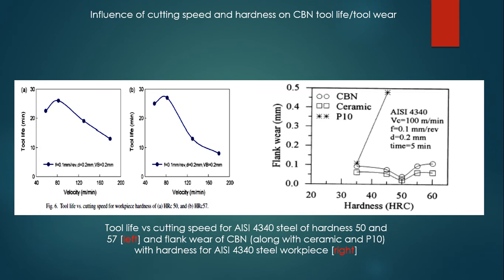Again, similarly, on the plot on the right, when you are turning hardened steel above 50, the tool wear will increase. The cutting temperature gradually reduces from the high value, which results in the softening of the workpiece, so it reduces the cutting force.